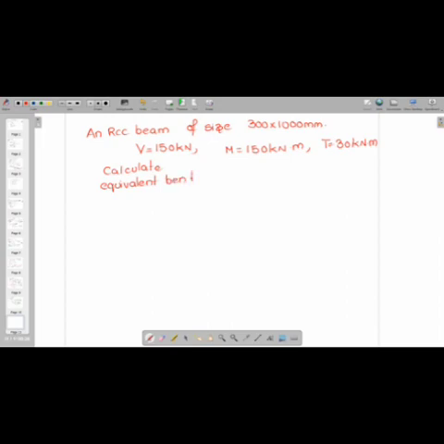I would be very happy if you solve this problem. I'll give you 2 minutes, and you have to solve this. Calculate the equivalent bending moment and equivalent shear force. Please solve that problem.